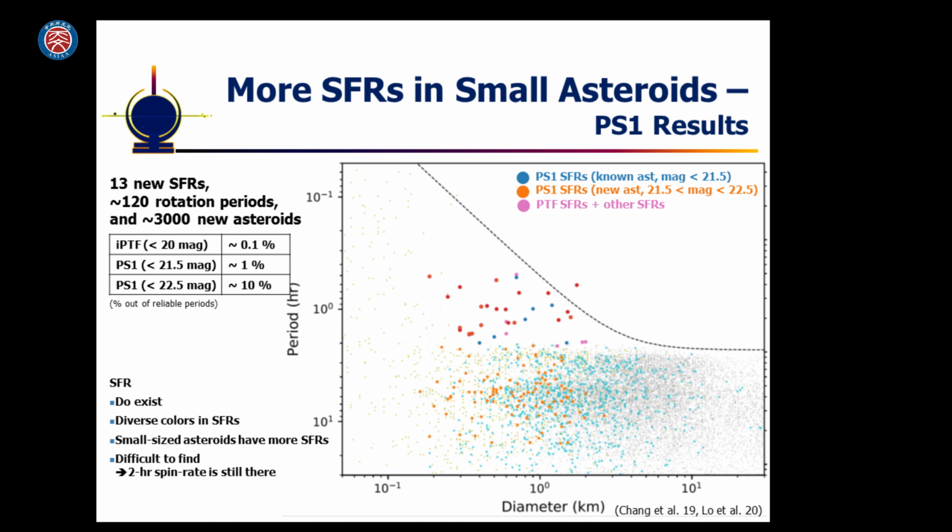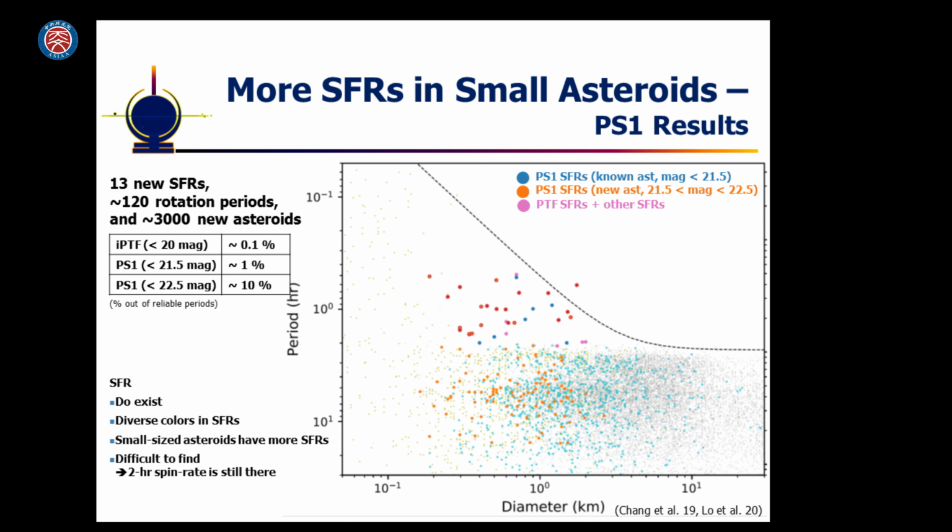And from the 120 rotation periods, we got 13 new superfast rotators. As you see, they pop up in this triangular empty region. And from the study of iPTF, PS1 known, and PS1 new asteroids, we feel that when the asteroid is getting smaller, it's easier to find superfast rotators.